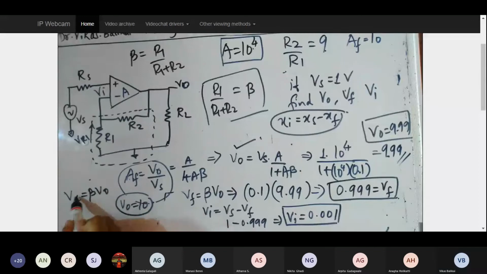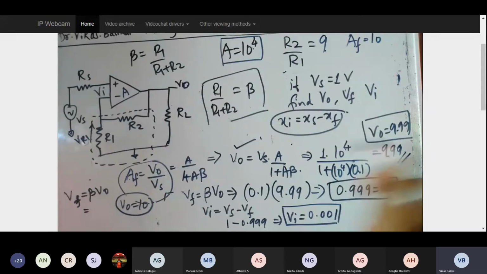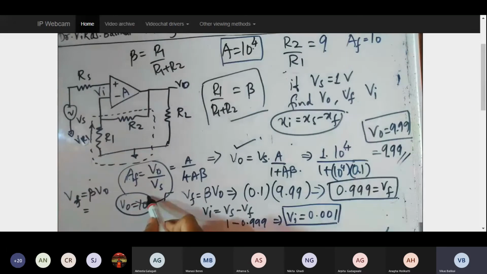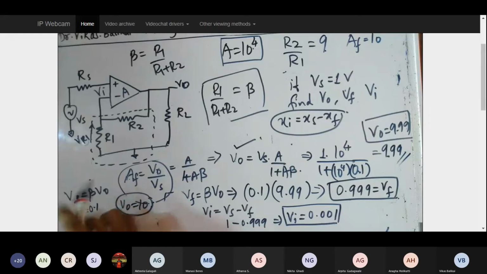If I take AF equal to V naught by Vs, I get V naught as 10, and the other way I got V naught as 9.99. Now to find VF, beta times V naught. What is beta? 0.1 times 10. So what will be your VF? 1. Earlier what did I get? 0.999.